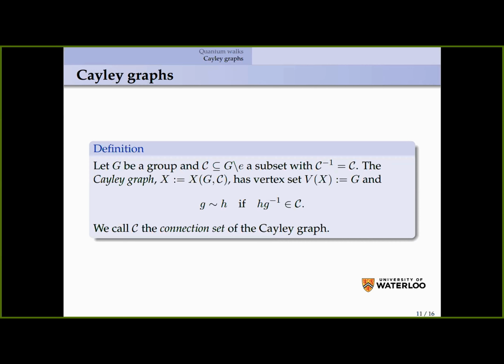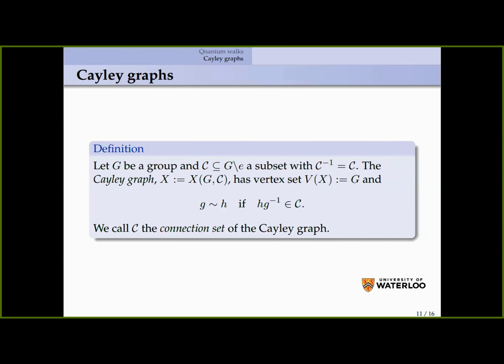Then the Cayley graph of G with respect to the set C has the elements of G as its vertices, and vertices g and h are adjacent if hg inverse is an element of the set C. And then C is called the connection set of the Cayley graph.